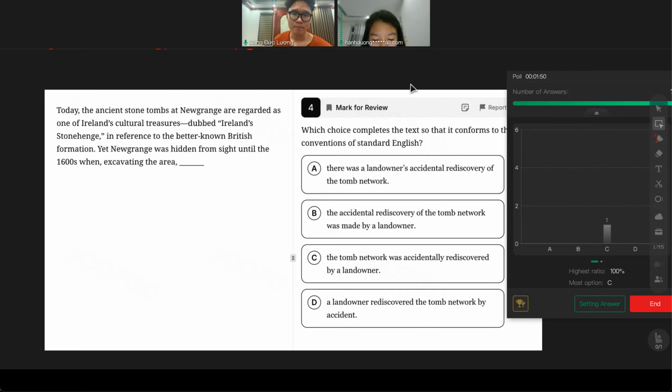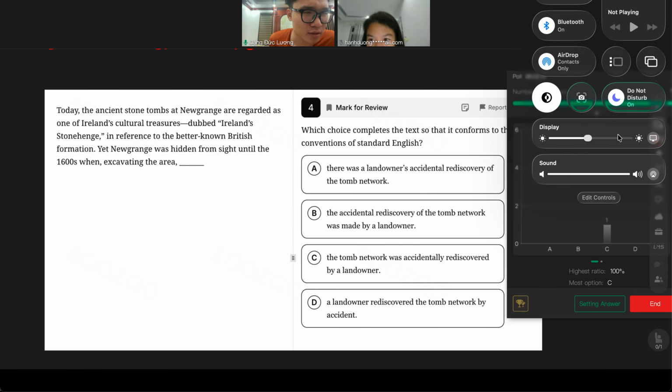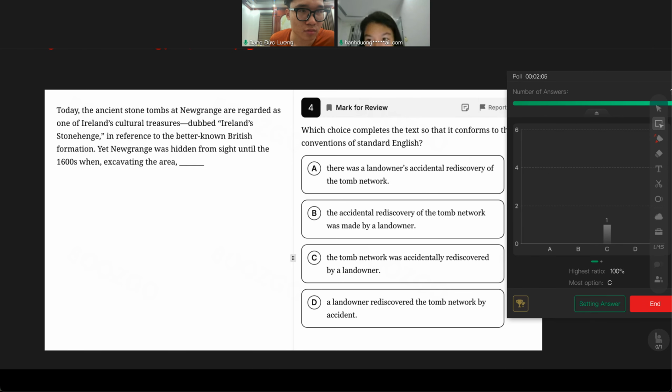I just trust my guts. Oh, I really can't hear you. Why it's so. The other three options didn't make as much sense to me, so I chose C. Okay.